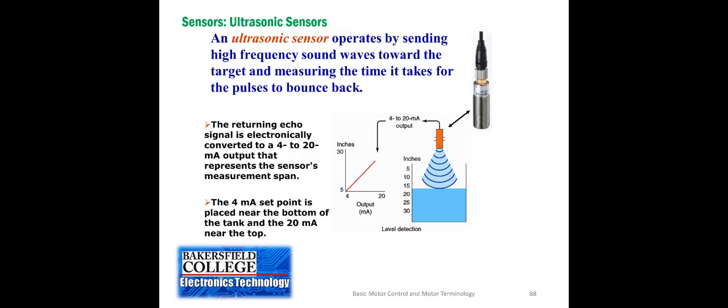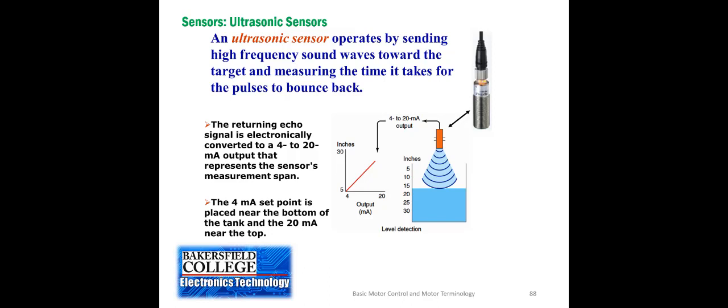There's another form of sensor that's used to measure level. It's also used to detect an object in front of it. It's called an ultrasonic sensor. The ultrasonic sensor uses a sound frequency that is higher than the human ear can hear, and probably even dogs' hearing frequency.